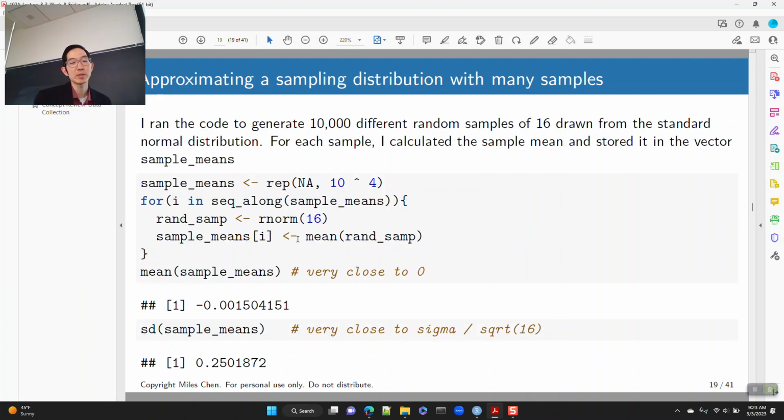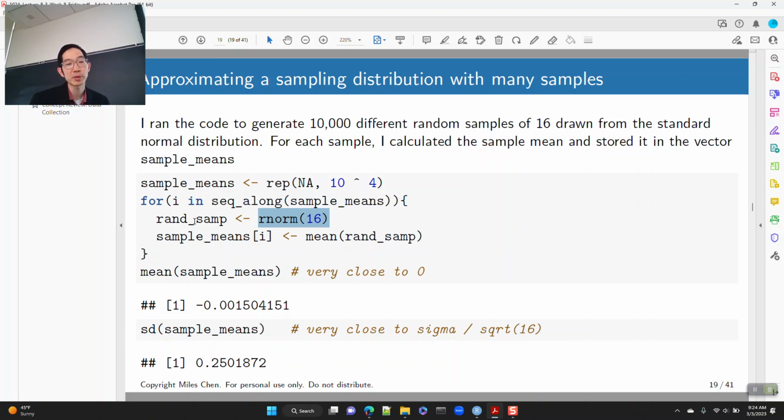And what I can do is repeat that process, say 10,000 times, or I could have just as easily done 100,000 or a million. All I did is run a for loop. For i in 1 through 10,000, take 16 random values from the normal distribution. rnorm will select random values from the normal distribution.